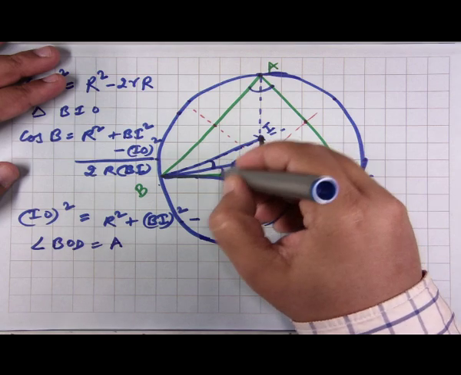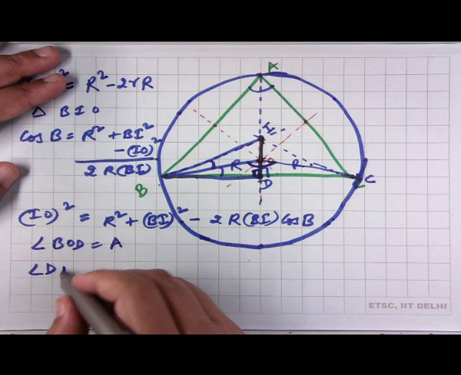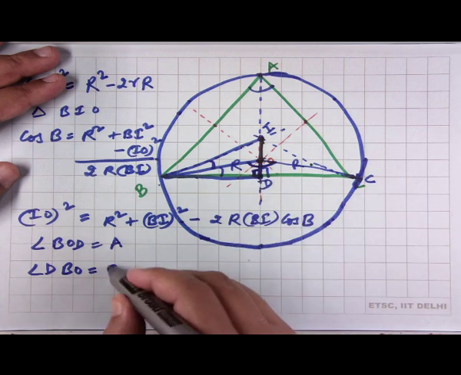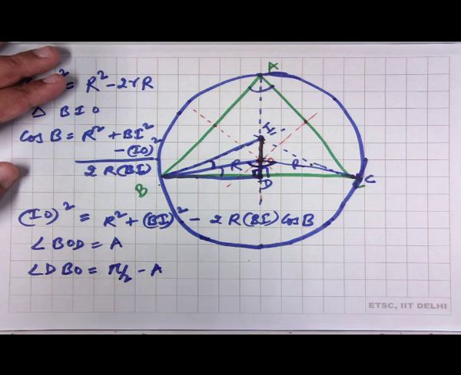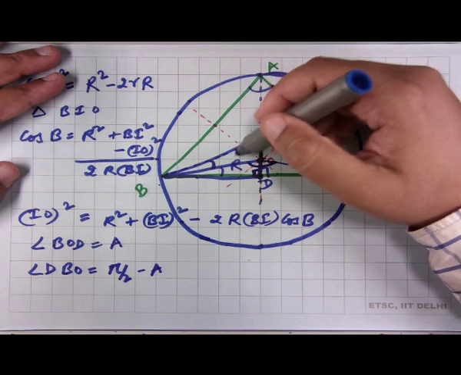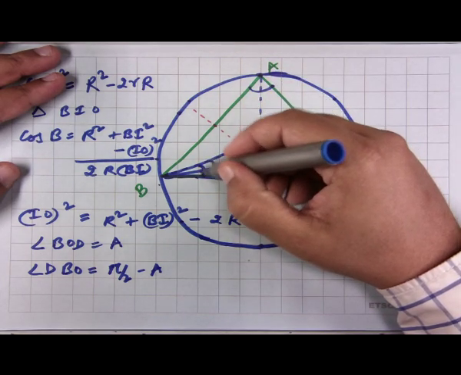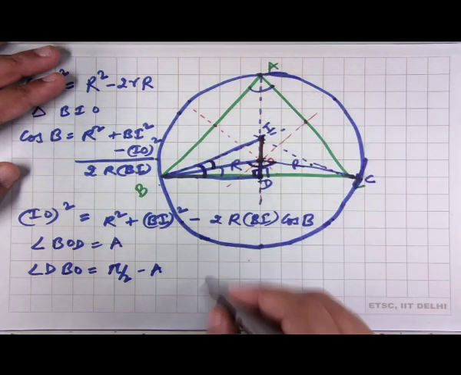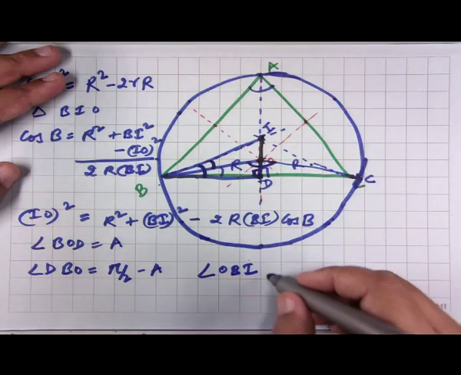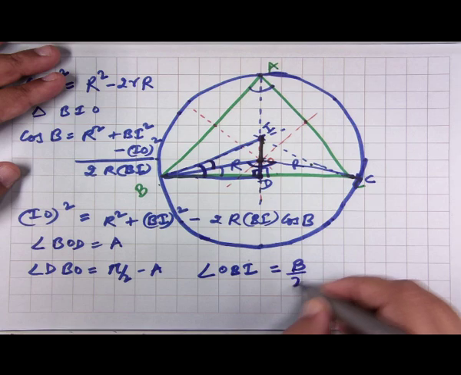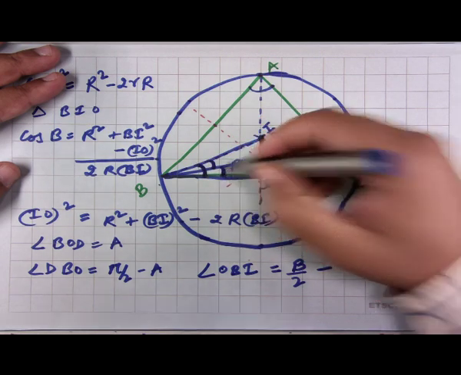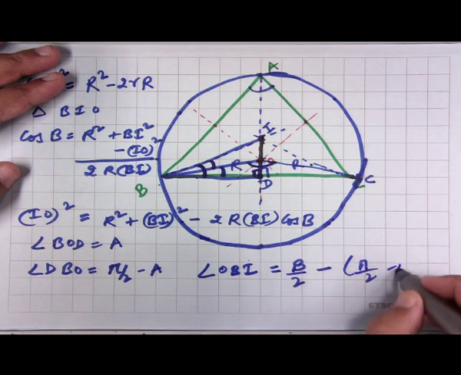And hence angle DBO will be equal to, since this is 90 degrees, pi by 2 minus A. Since this line BI is an angular bisector of angle B, it follows that this entire angle is B by 2, and therefore this little angle OBI of this triangle OBI is equal to B by 2 minus angle DBO. So, it is B by 2 minus (pi by 2 minus A).